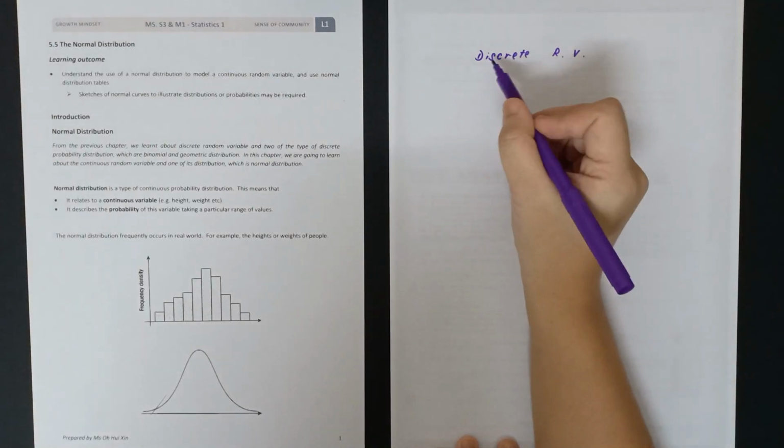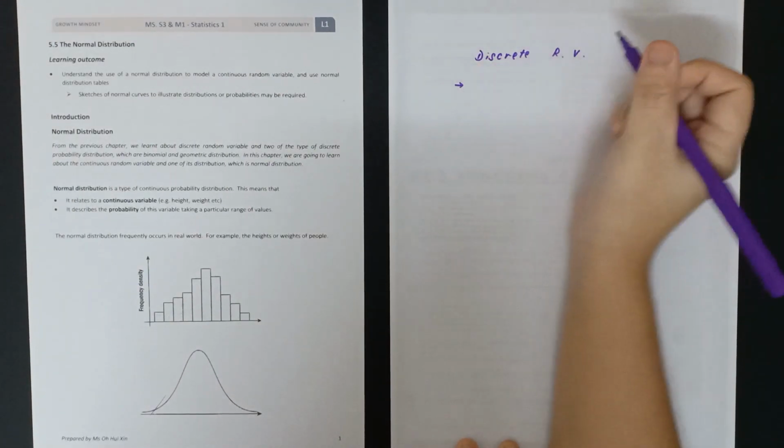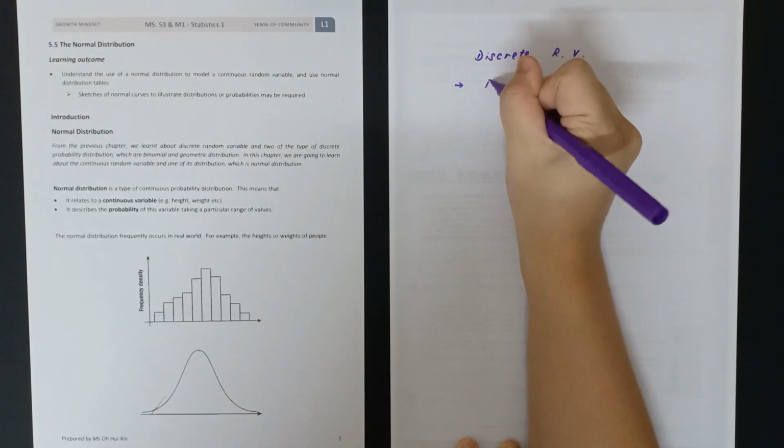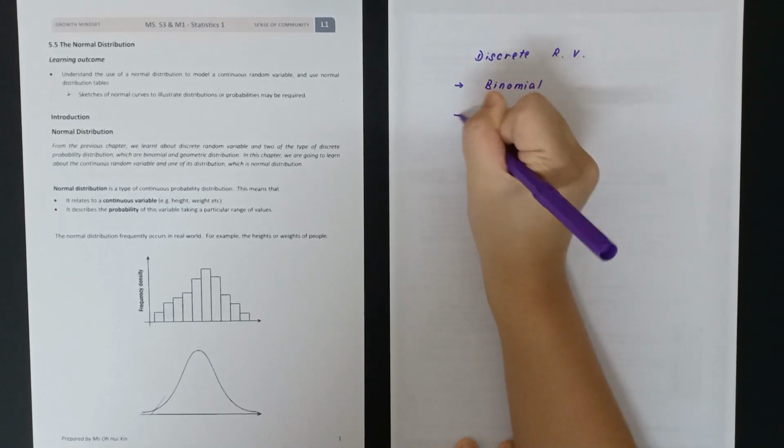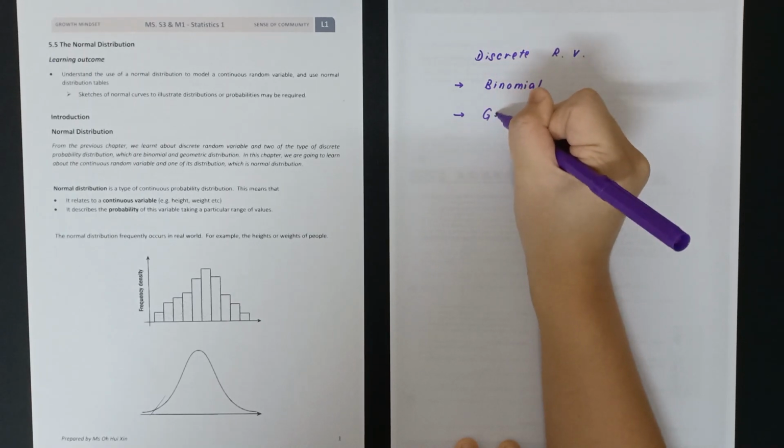Those take on only exact values, which are normally countable. Under discrete random variables you learned 2 types of distribution: the binomial distribution and the geometric distribution.